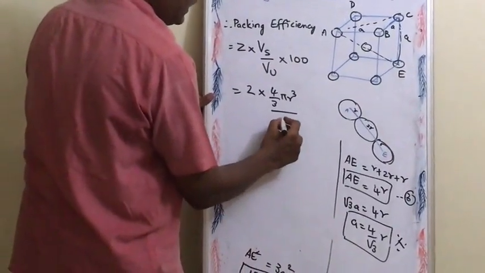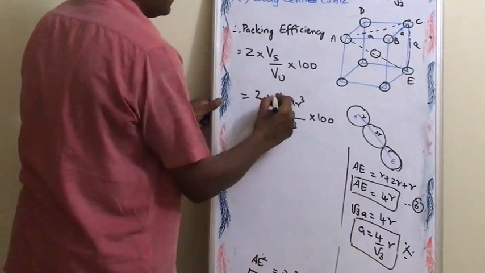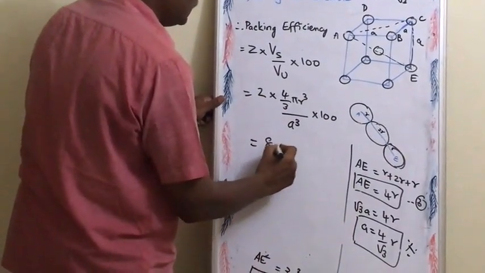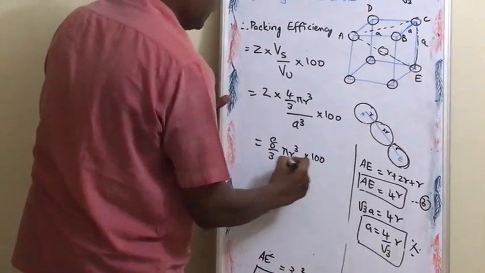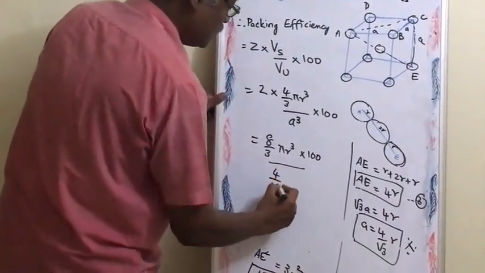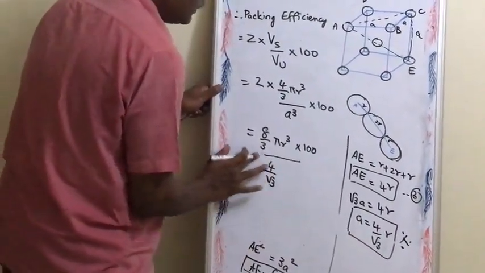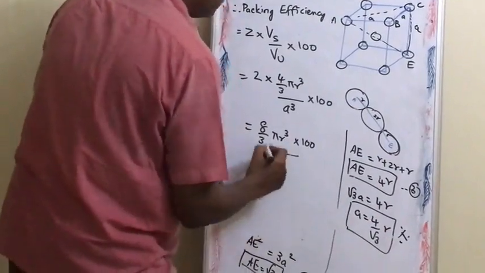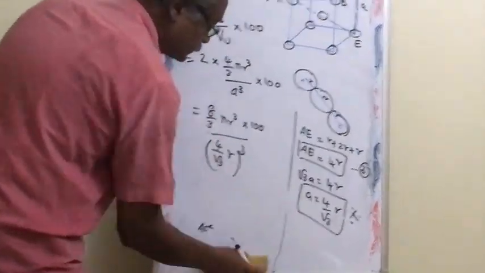First I am writing a cube into 100. Then 8 by 3 pi r cube into 100 divided by a, where a is 4 by root 3 r, whole cube.